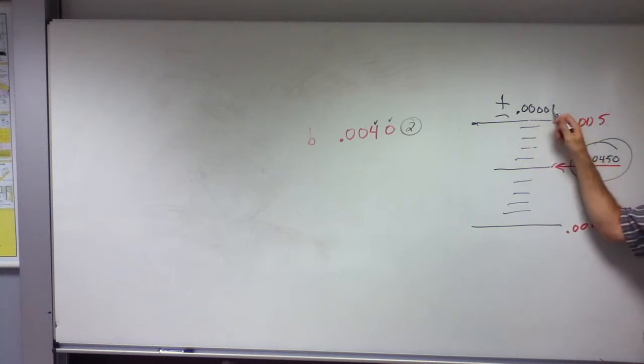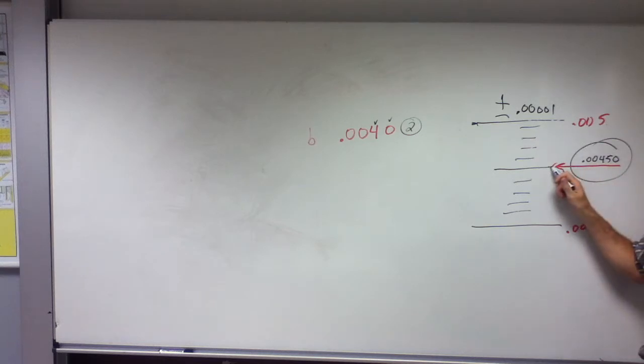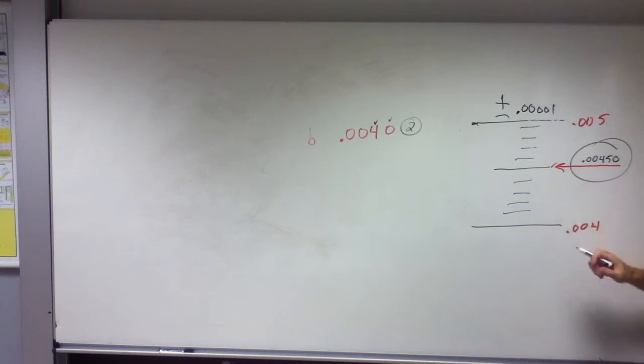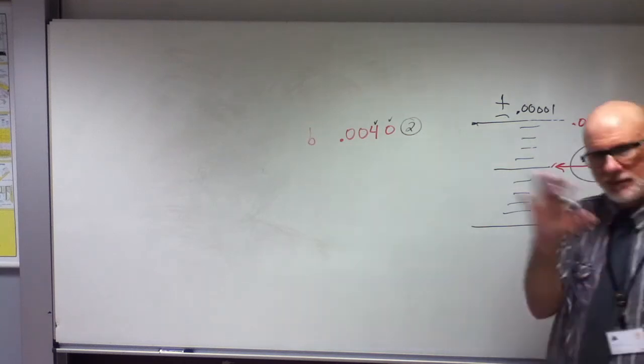It's got to be the 5th place value to the right. 1, 2, 3, 4, 5. That 0 means that it's right on the 5. Yes, I could have put a 0 here. You get it or not?